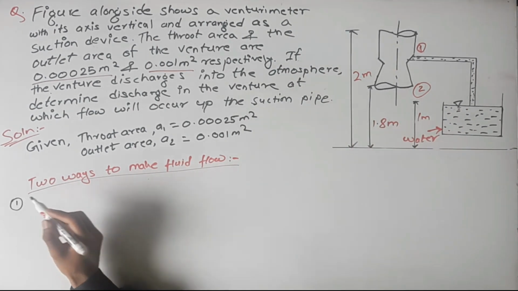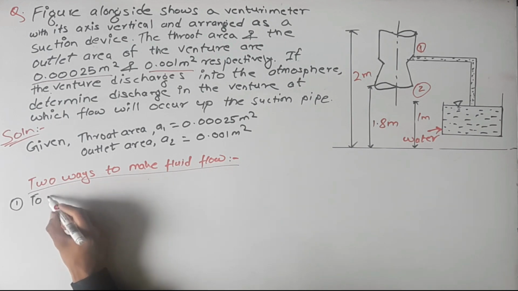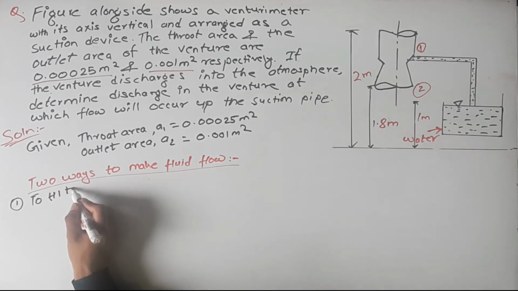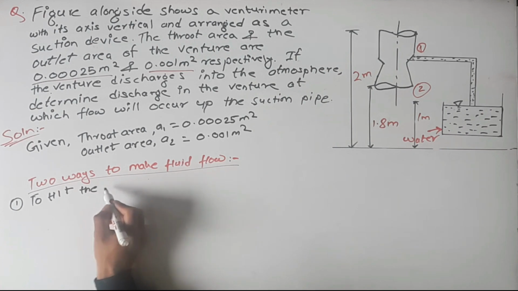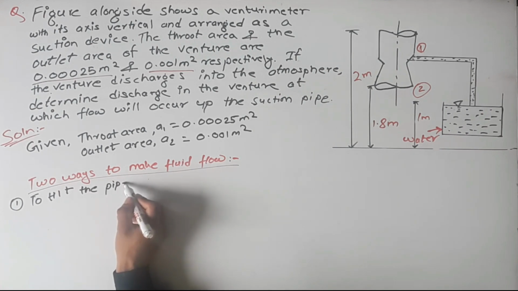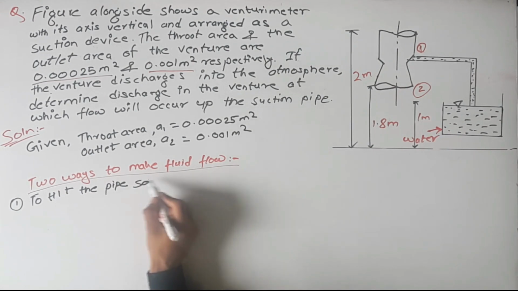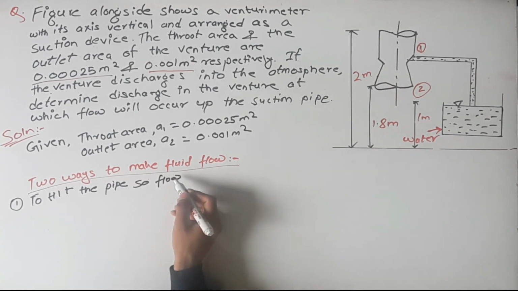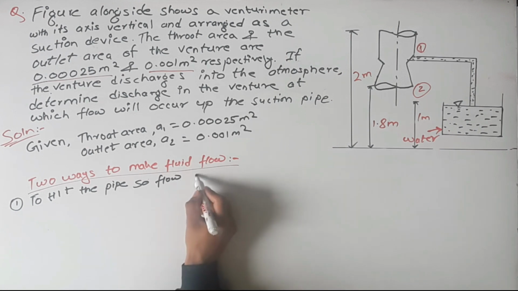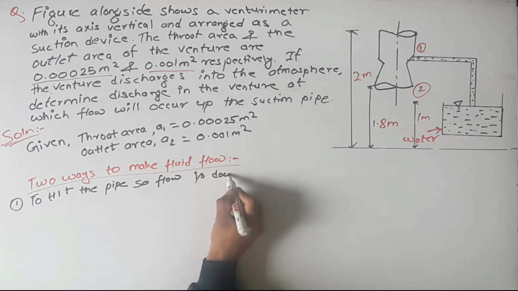Here one way is to tilt the pipe. If we tilt this pipe, so flow is.